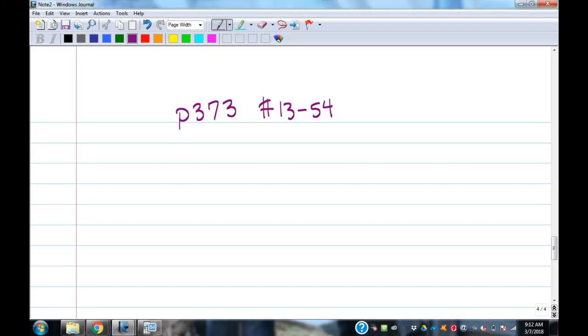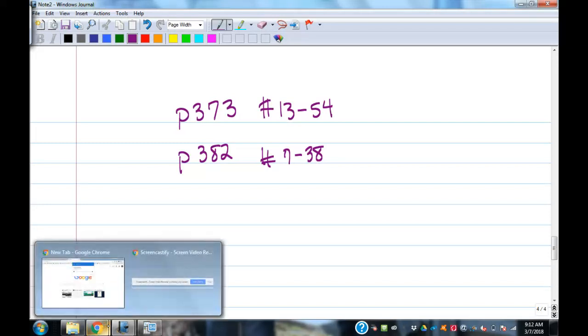So that's kind of how you want to approach working through these problems. So there's 5.4, 5.5 is page 382, 7 through 38. All right. Work day tomorrow.